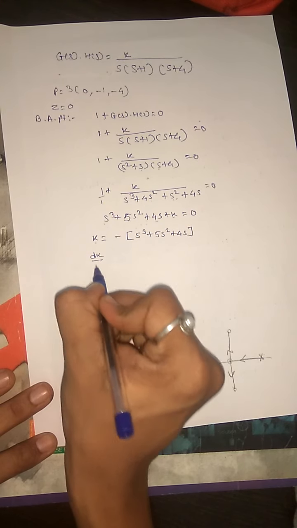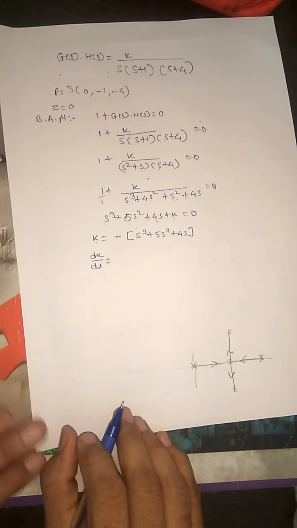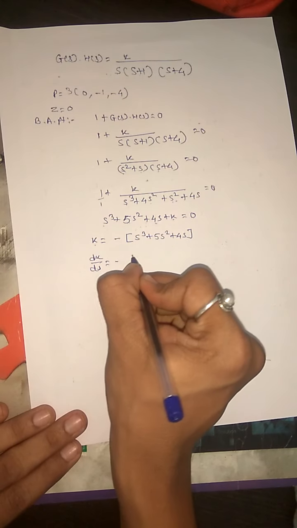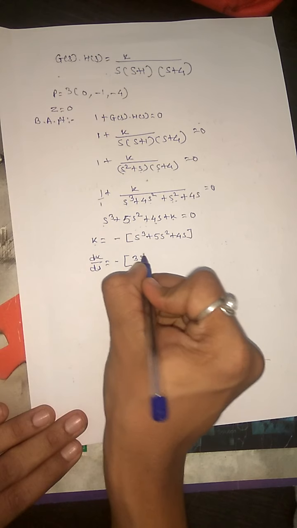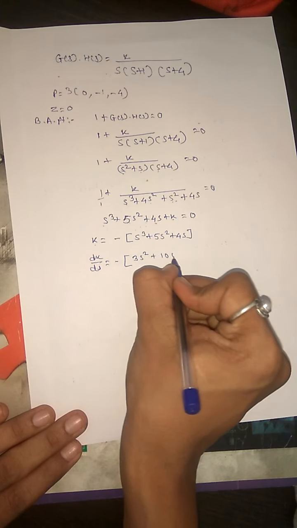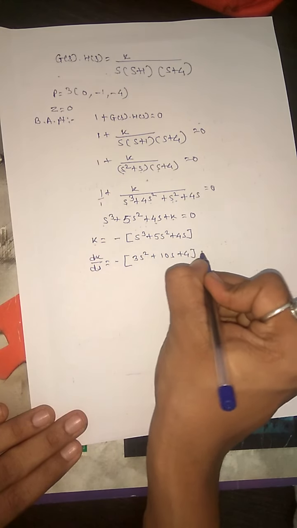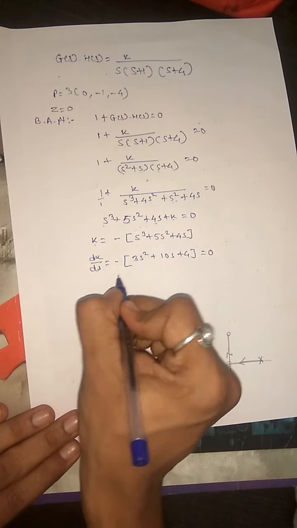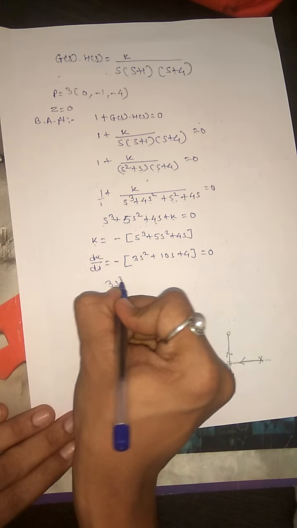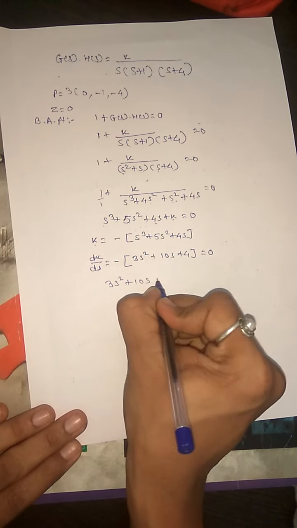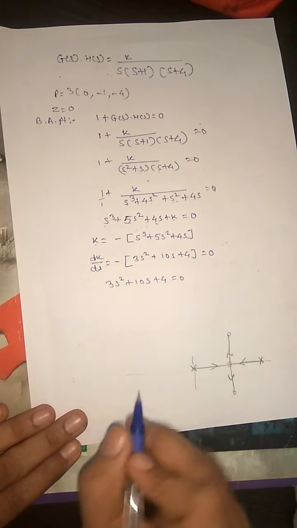So dK by ds equal to minus, differentiating: 3s square plus 10s plus 4, and equate with 0. The minus sign goes to the 0, so 3s square plus 10s plus 4 equal to 0.